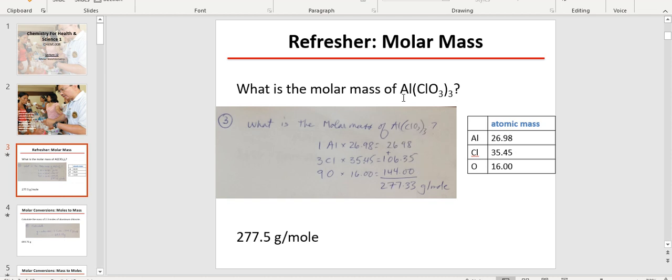There's 1 aluminum, 3 chlorines, and 9 oxygens, and you just multiply by their molar mass, which you find on the periodic table, the same number as the atomic mass. 1 mole of aluminum weighs 26.98 grams. 1 mole of chlorine weighs 35.45, but because there's 3 of them, I multiply by 3. I have 9 oxygens times its molar mass, which is 16. You add them all up, you get 277.